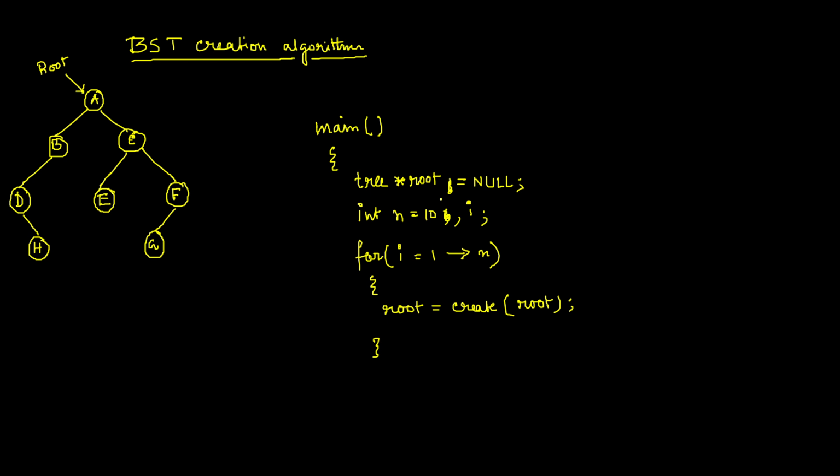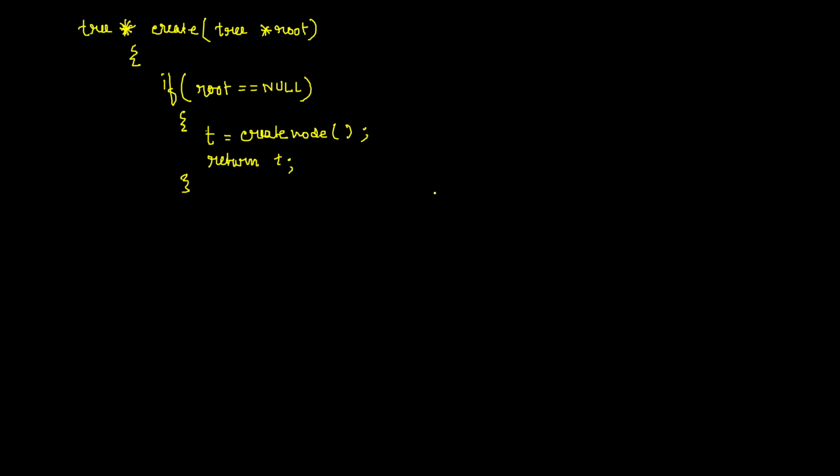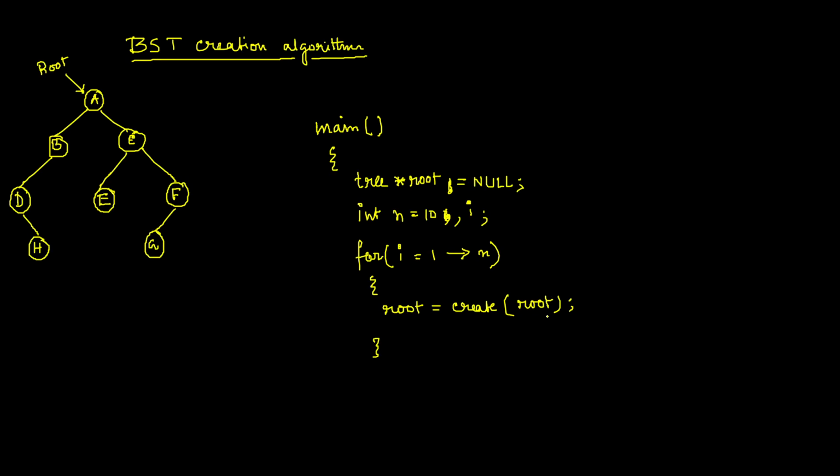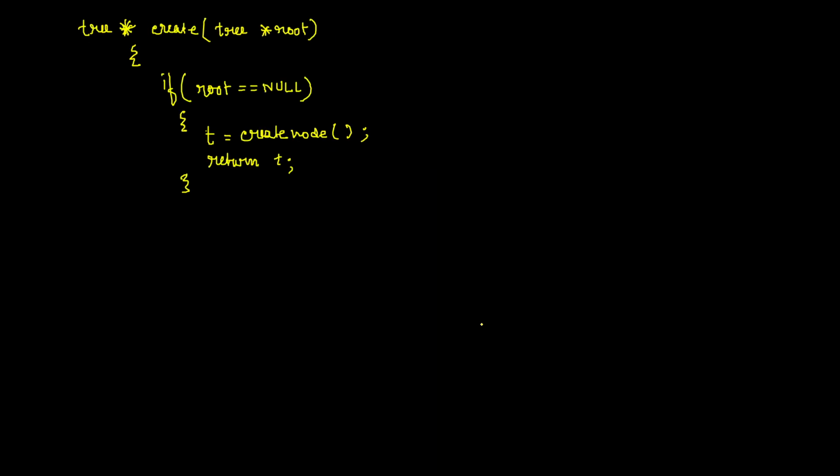If I consider root to be a global variable, declared somewhere before main, in that case this root is identifiable even in main and even in the create function also. In that case, this root doesn't need to be passed, and you can have a void function. So whether you take void as the return type of the create function or a tree pointer depends upon how you are taking the root variable in your program.